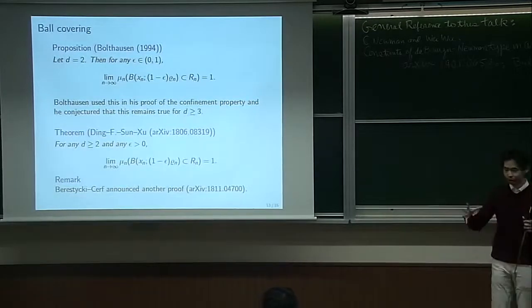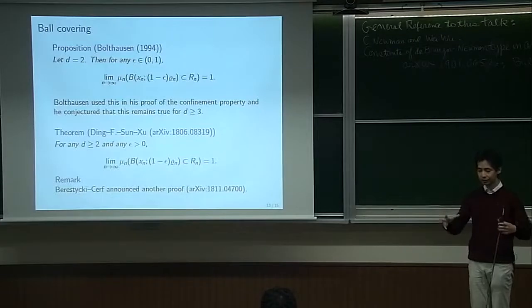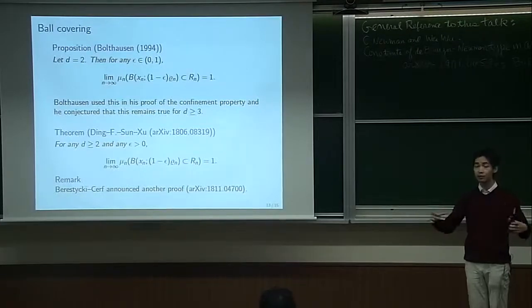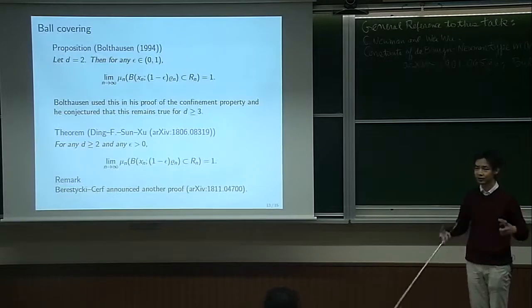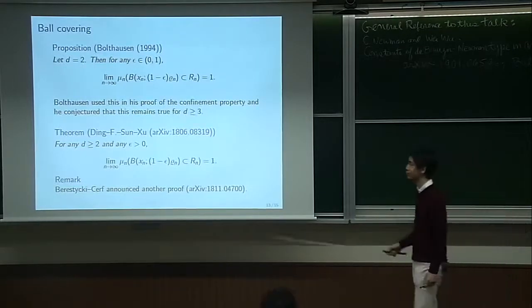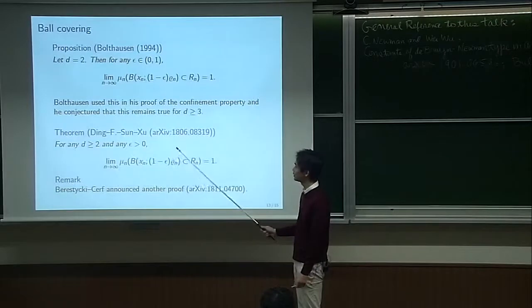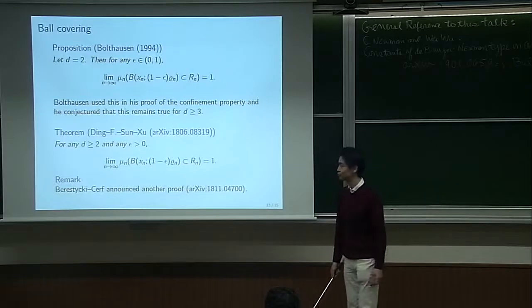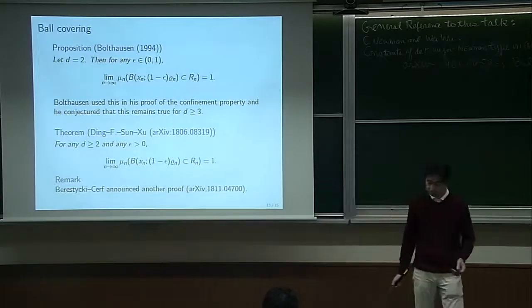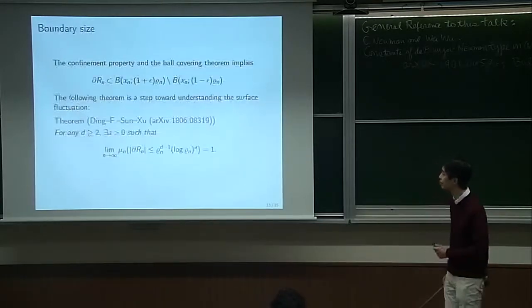So therefore, you have a ball which is almost completely filled by the random walk, and also random walk does not go outside. So the random walk range under this conditional measure really looks like a ball in 2 dimensions. And very recently, I worked with Jian Ding, Ruoyu Sun, and Changji Xu, and we managed to prove it in higher dimensions. And 5 months later, we saw another proof by Rafael Sarf on archive.